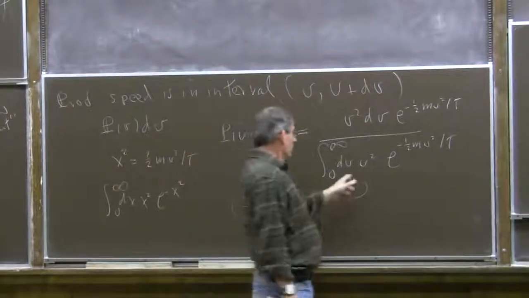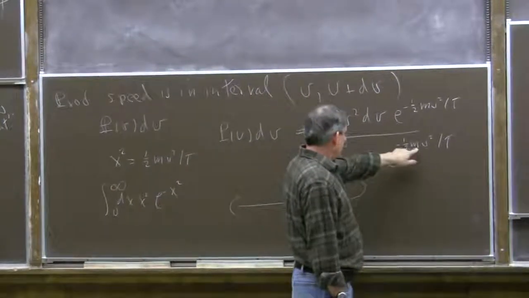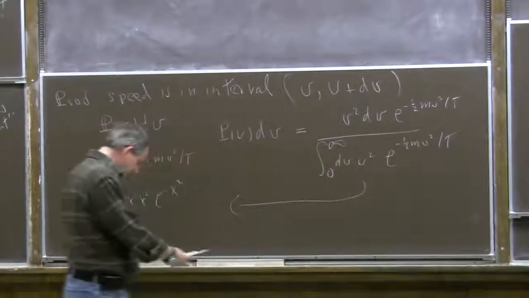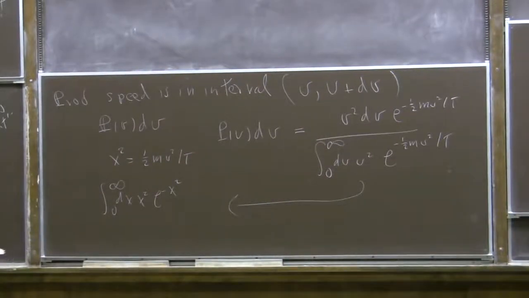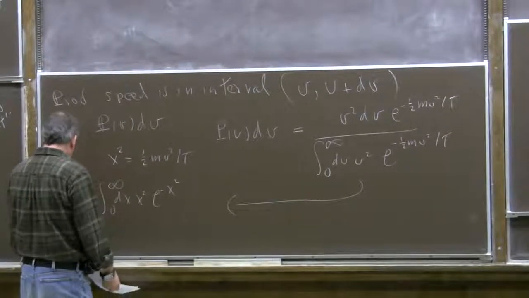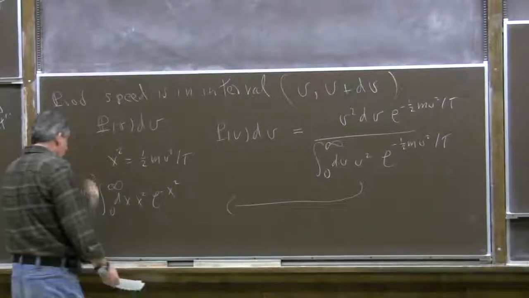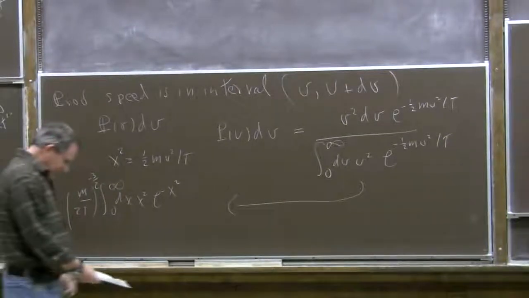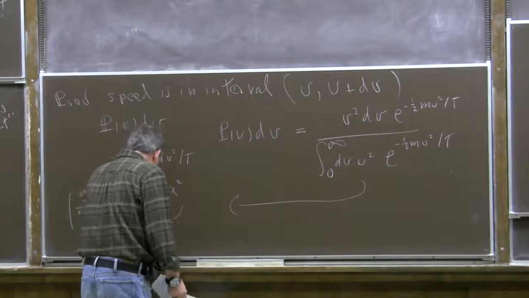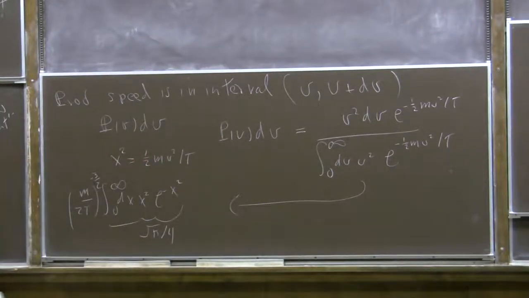In doing so, I multiplied by m over 2 tau, twice here and once here, and then I have to put in the compensating factor of m over 2 tau to the minus 3 halves. And this is just a number, which, everybody knows, is the square root of pi over 4.